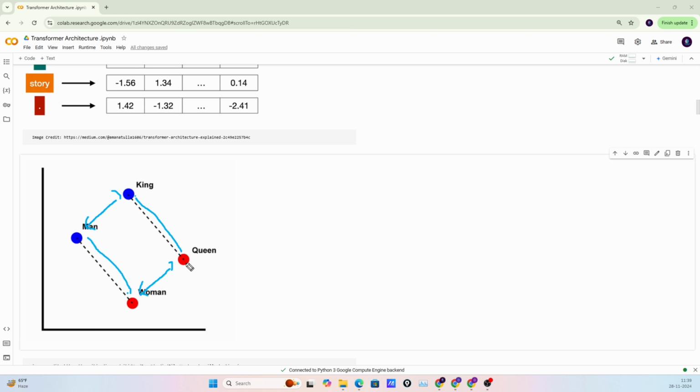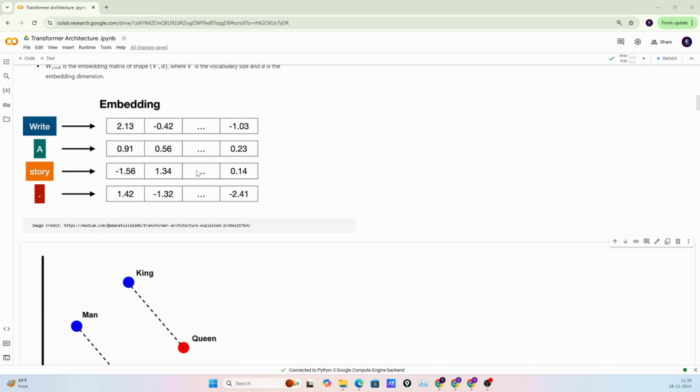But in real time we definitely need to perform cosine similarity and calculate the similarity score, then we can conclude. But as per this diagram, each word is represented by 512 dimensions as per our example.